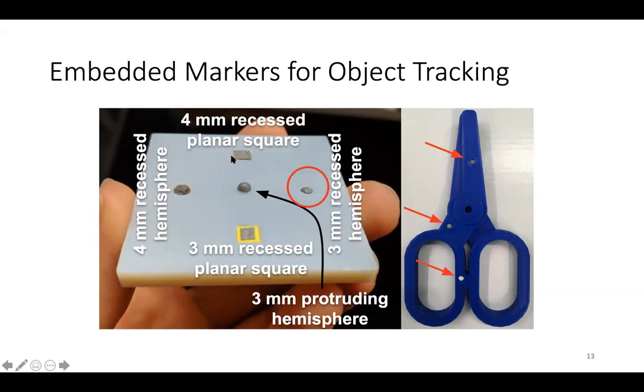A planar square of that reflective tape is much less effective for tracking. But we found that putting these markers flush with the object surface is a good compromise between avoiding influencing grasping behavior and also tracking those markers robustly.